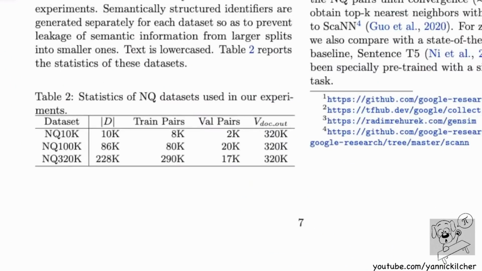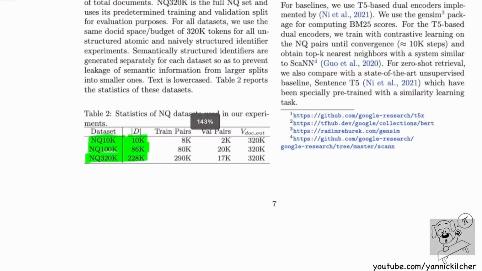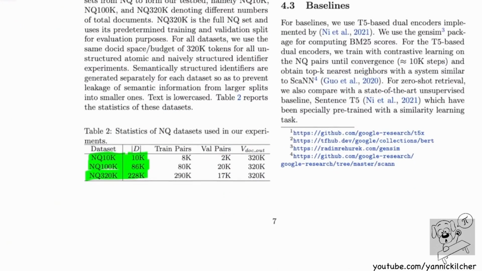They make subsets of that. So they make a 10K dataset, a 100K dataset, and a 300K dataset. So a small, medium, and large. Although even the large one is not very large. Because in a search task, 300,000 documents seems like a lot, but if you build search applications, that is not a lot of documents.